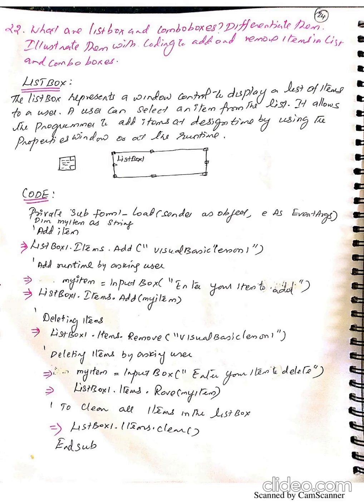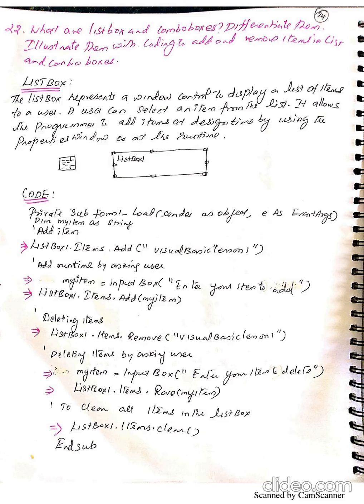Remove item: ComboBox1.Items.Remove("Visual Basic tutorial 1"). Remove by asking: myItem = InputBox("Enter the name of the item"). End Sub.